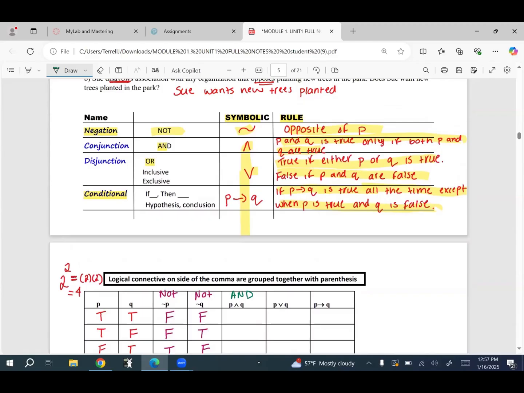Look at this rule, the table here, the second one. It says P and Q, meaning the statement P and Q is true only if both P and Q are true, meaning P has to individually be true and Q has to individually be true. And if they're both true, then the statement P and Q is true.